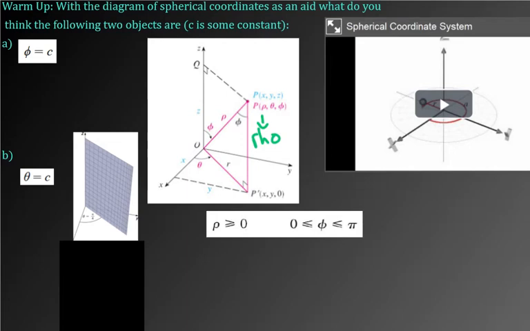Another weird thing is that theta goes a full 2 pi, so theta goes from 0 to 2 pi, but phi doesn't need to go all the way around to 2 pi. Phi goes from 0 to pi, and it does include both of those. If you didn't include one of those, you'd have a dotted line here, so you wouldn't be able to get the North Pole, let's say, or the South Pole.